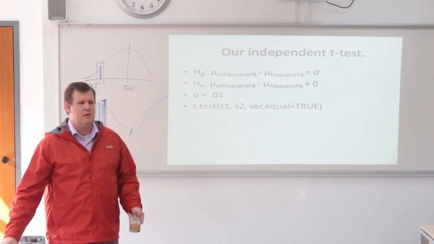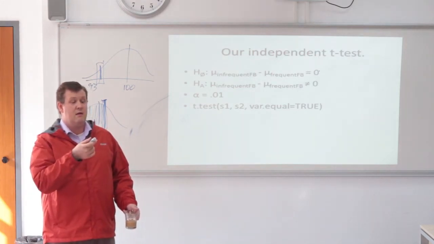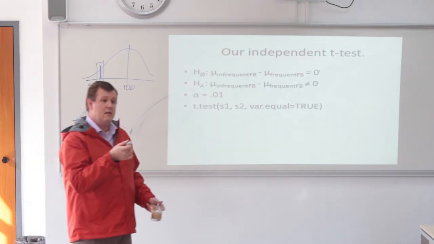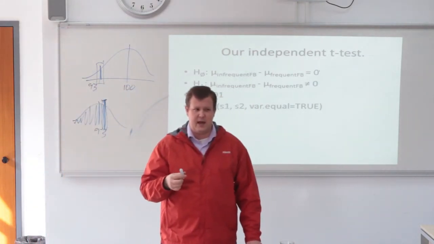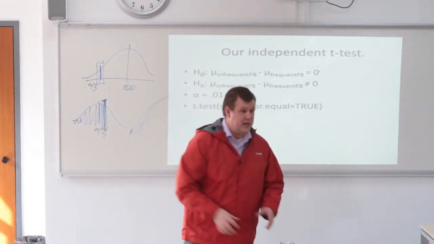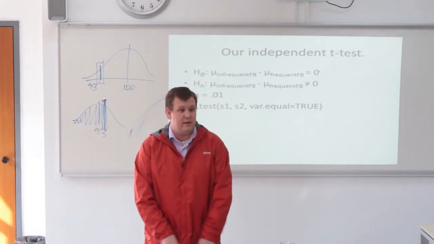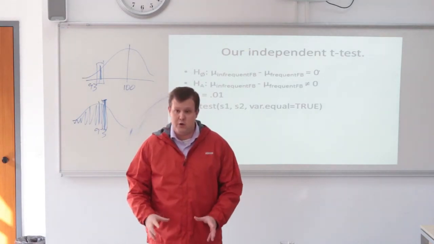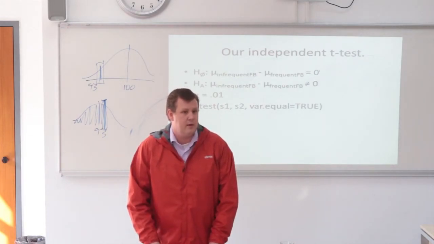Because the sample sizes were the same, and so the variances were the same. It's actually not because the sample sizes were the same. It's because for the independent t-test, what I said is that we should assume that the variances are the same and compute a pooled variance estimate, right?